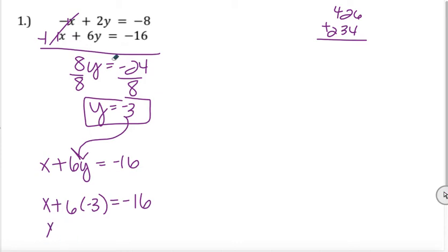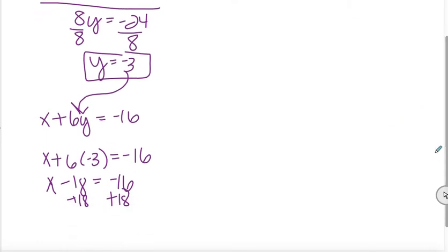And actually, it's going to be a minus sign because 6 times negative 3 is negative 18. So I'm going to get x minus 18 equals negative 16. So I'd add that 18 over to the other side. And negative 16 plus 18 would leave us with a value of x of 2. So my ordered pair solution is 2, negative 3.